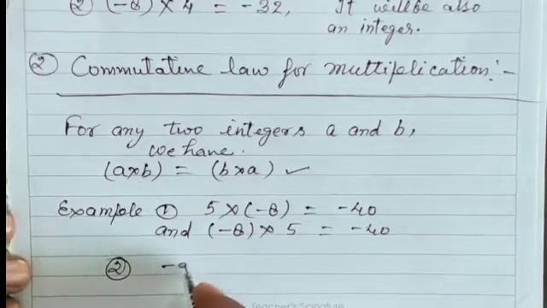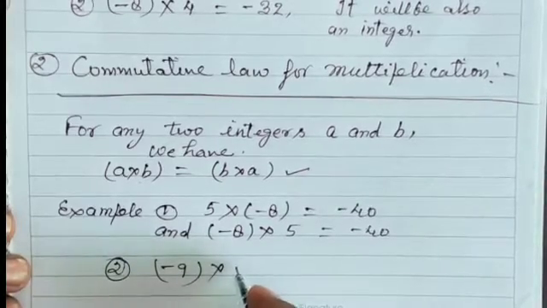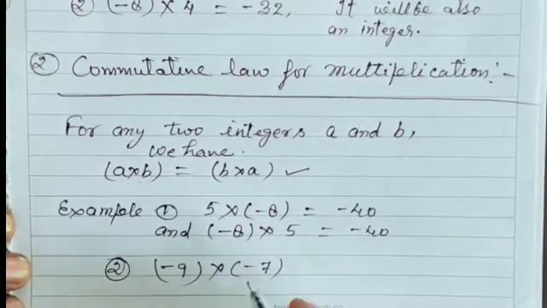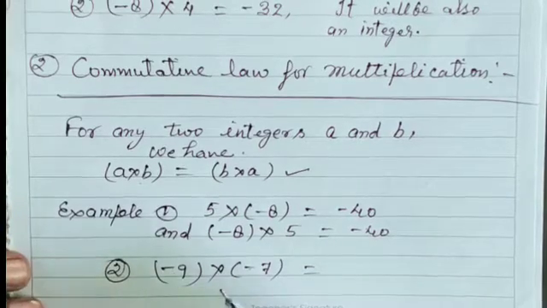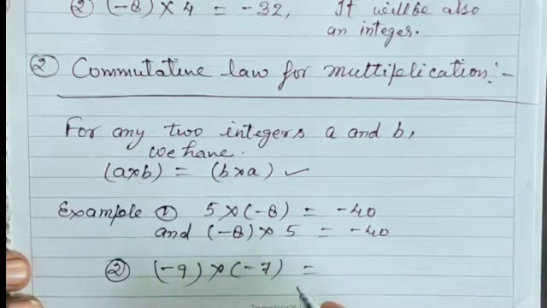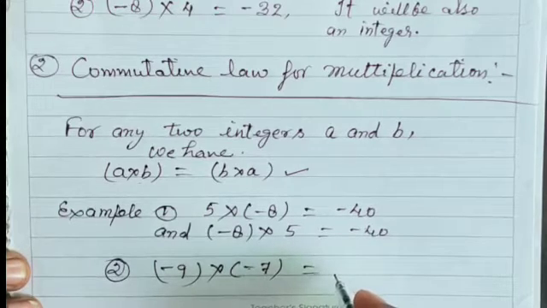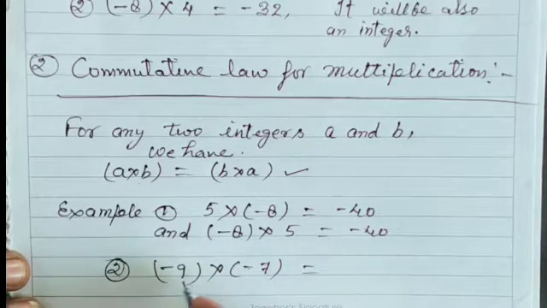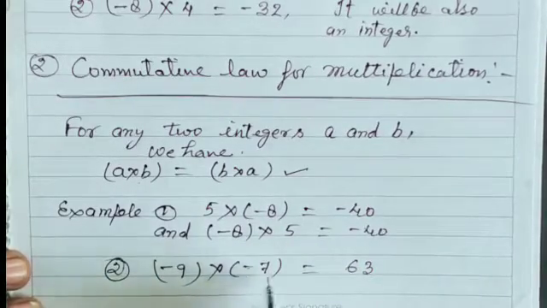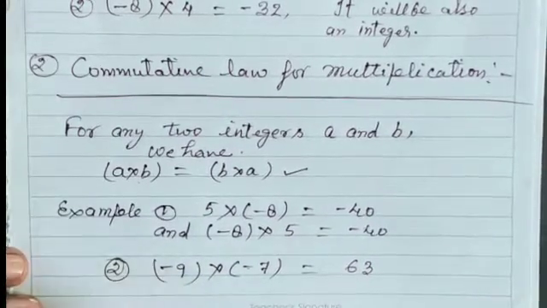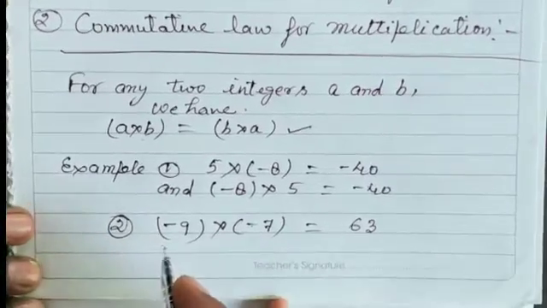Suppose that we have -9 and multiply by -7. What will be equal? Minus and minus multiplied will be positive. 9 sevens are 63, and we can replace each other by their positions also.